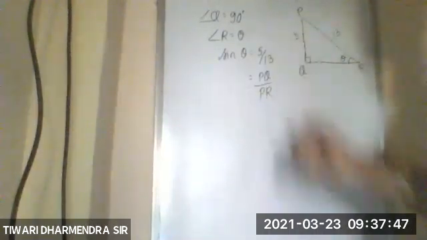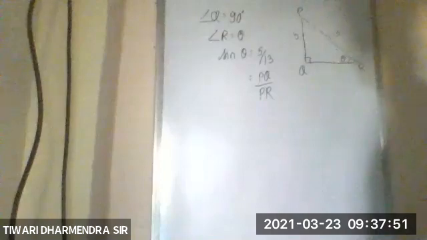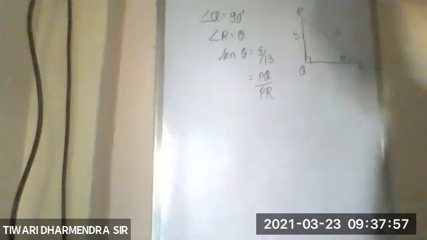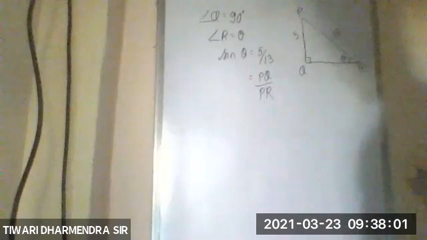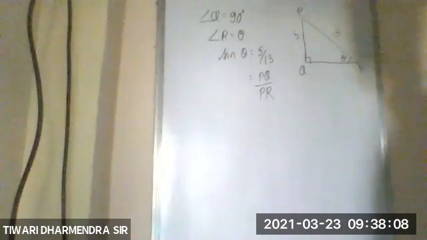Hope you have understood this. According to the formula, as we know the formula for sine, opposite upon hypotenuse, we got these values. Again, in this case also, we need to do the same execution.